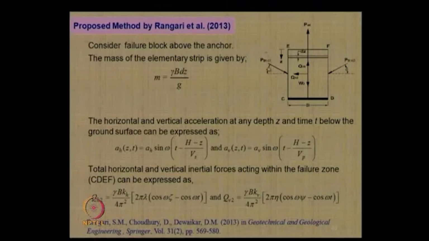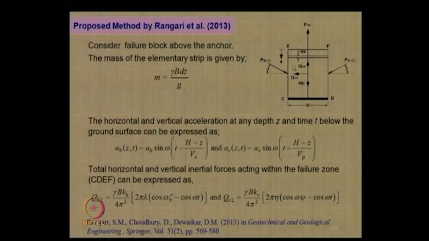Once you get the passive earth pressure, these are the forces acting on the central block, and you consider this infinitesimally small element. Now, if you apply the pseudodynamic approach as we have applied here, these are the horizontal and vertical seismic accelerations, as we have already discussed for the pseudodynamic case.